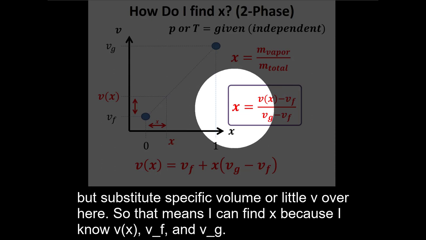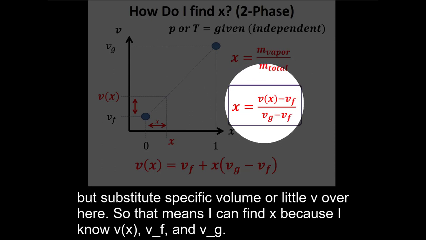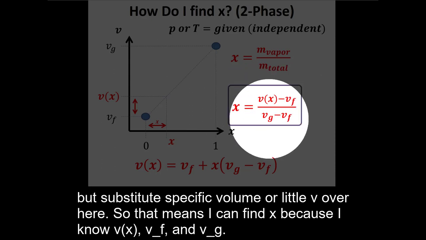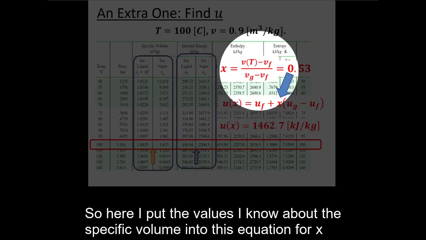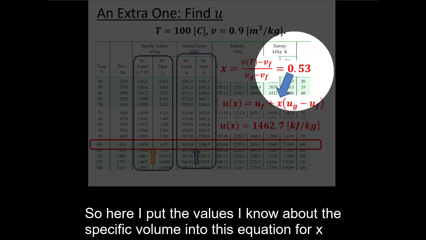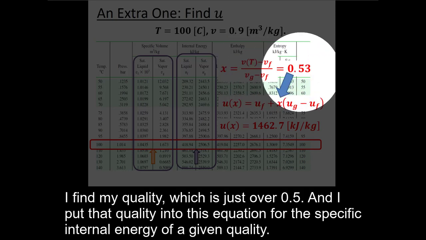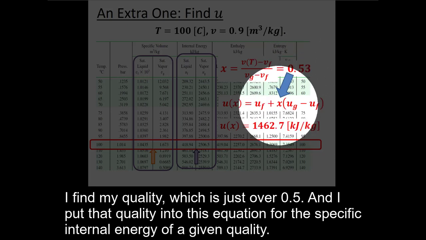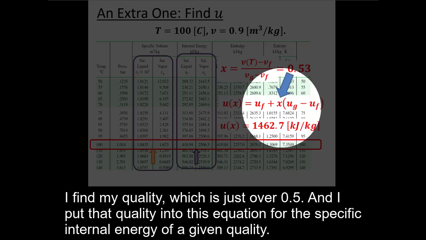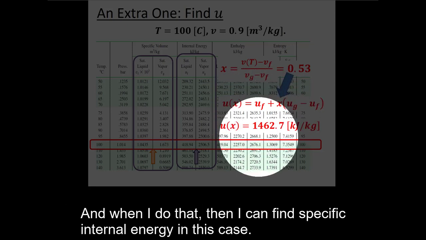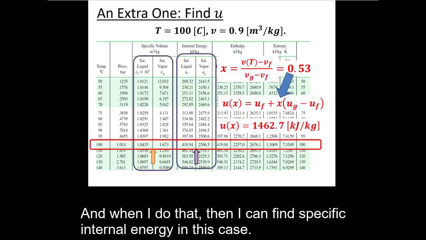So that means I can find X because I know V, I know VF, and I know VG. So here, I put the values I know about the specific volume into this equation for X. I find my quality, which is just over 0.5, and then I put that quality into this equation for the specific internal energy of a given quality. And when I do that, then I can find specific internal energy in this case.